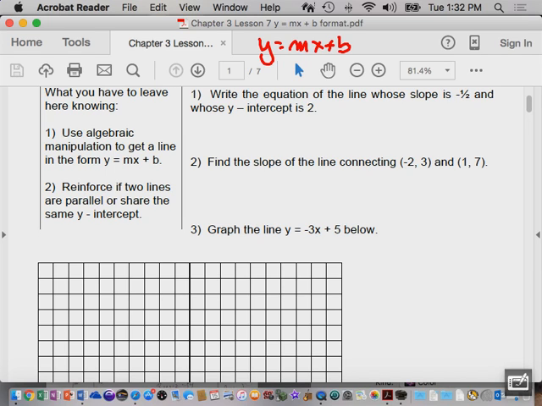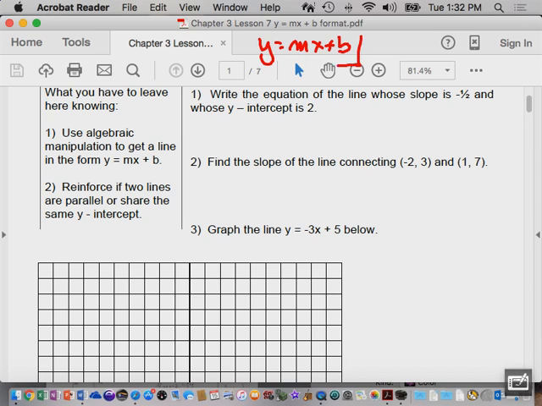Go. Okay, drop it. That's good, right there's fine. Thank you, boys.